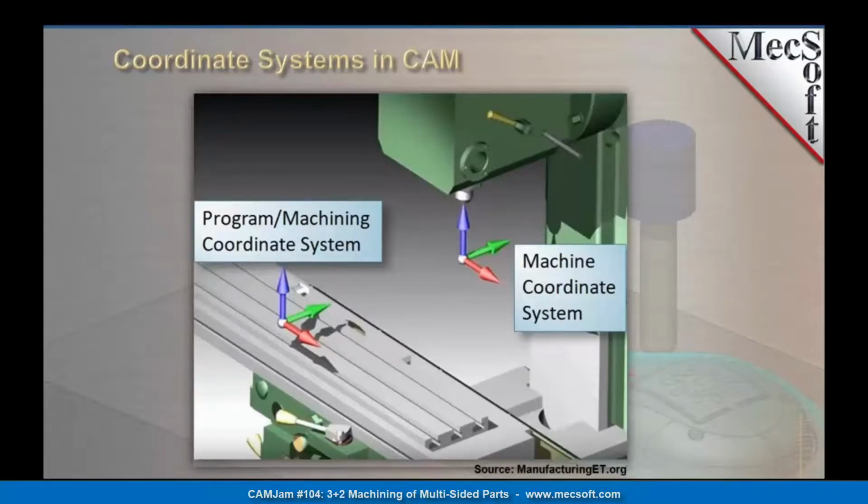In other words, you can think of it as simple G54, G55, which is only an origin shift, but we also have the ability to actually change the orientation of the coordinate system and set up something called the program coordinate system, about which all toolpath motions, and angles if you're doing 5-axis, will be interpreted. So these are the two concepts you have to get straight in your head when you start looking at 3+2 machining.